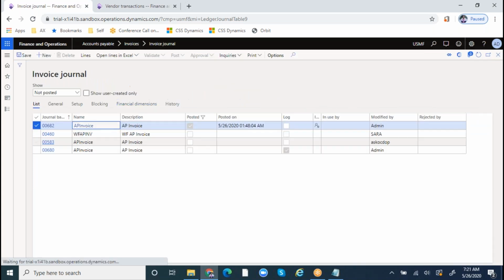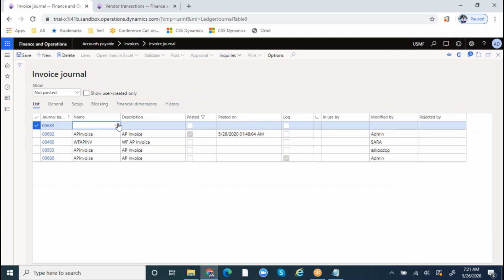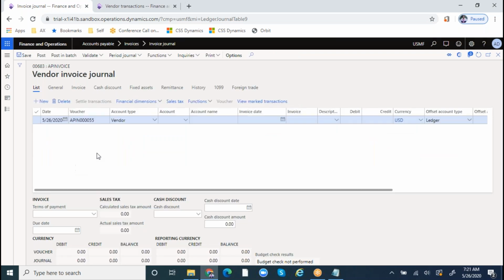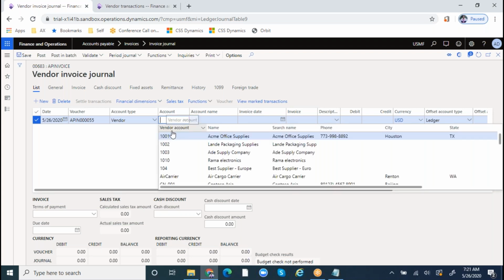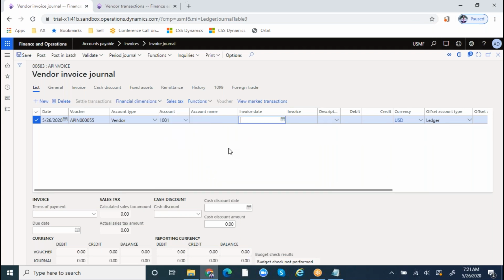Welcome. Sure. So now I am doing an invoice. Invoice lines. Today I have received an invoice, and I'm doing a vendor invoice once again for the same kind of vendor. Suppose vendor invoice 55.